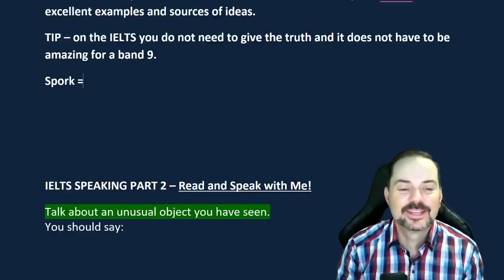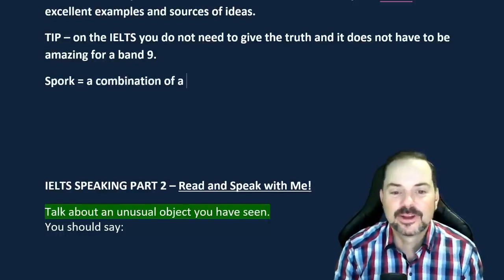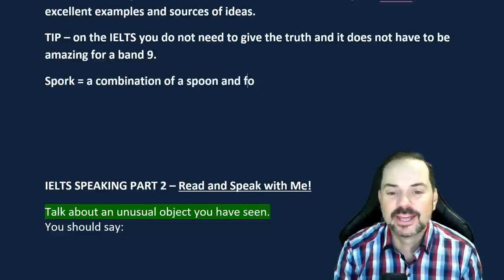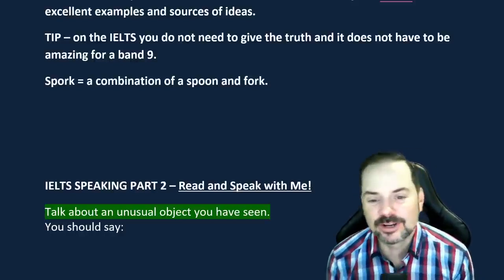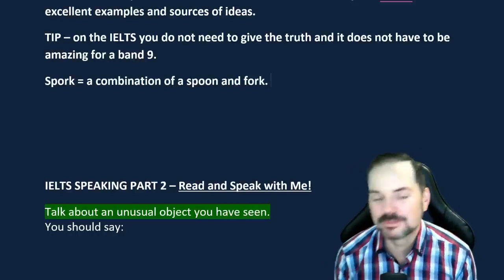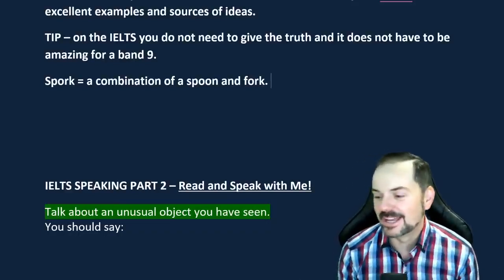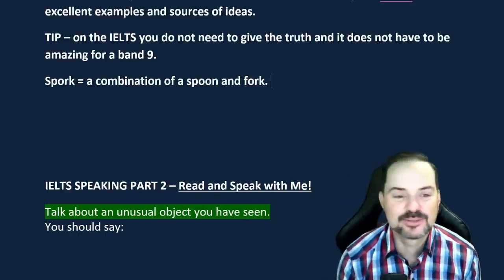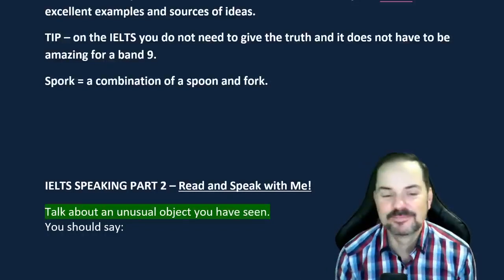It is a combination of a spoon and fork. Sometimes you see it even fancier with a little knife part added to it. Spoon and fork put together, you've got yourself a spork.